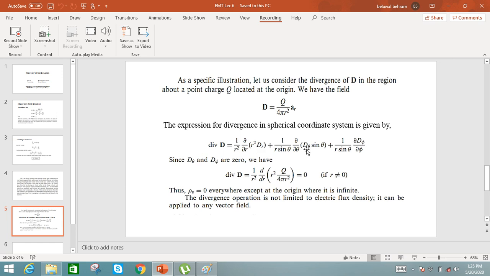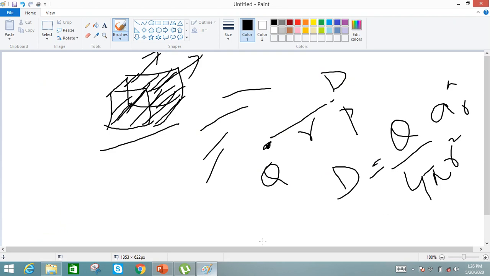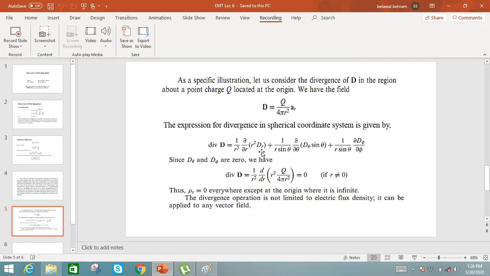So we have dr, d theta and d phi. As we know that this electric flux density has the radial component only. There is no theta component and there is no phi component. So if we put this value in the divergence of the electric flux density D, in case of R, we will replace dr by Q divided by 4 pi r square.